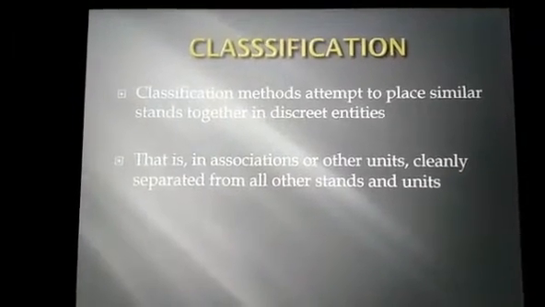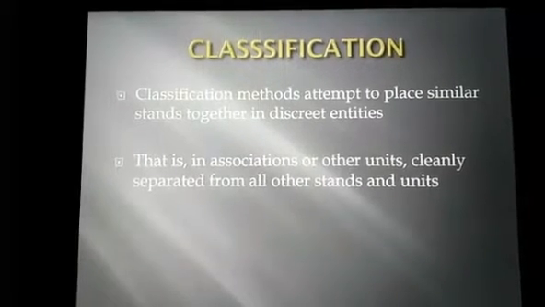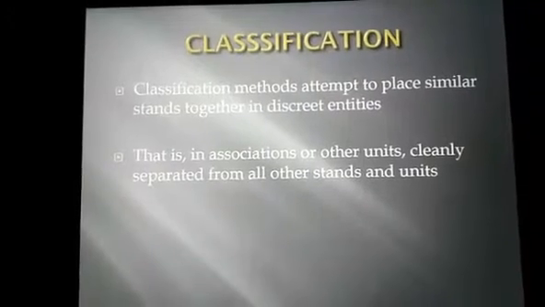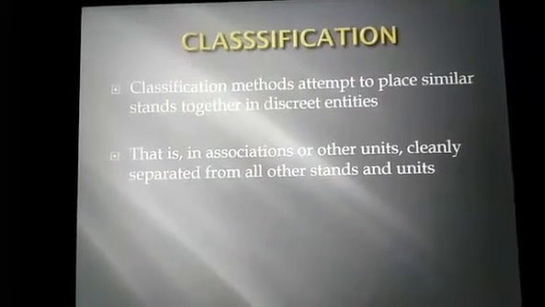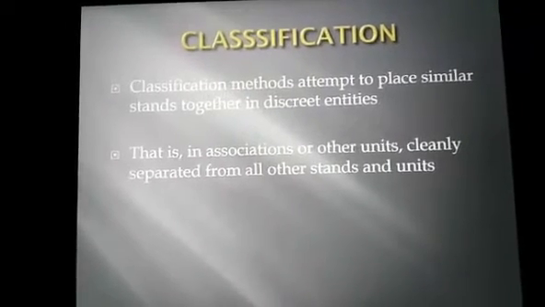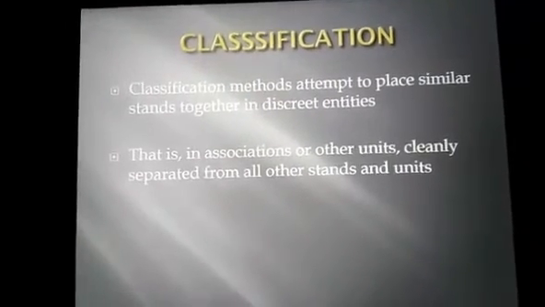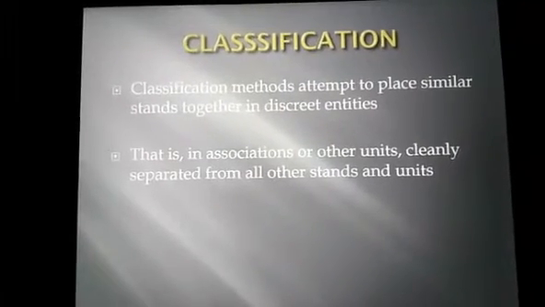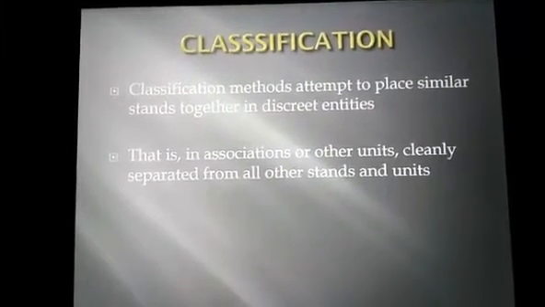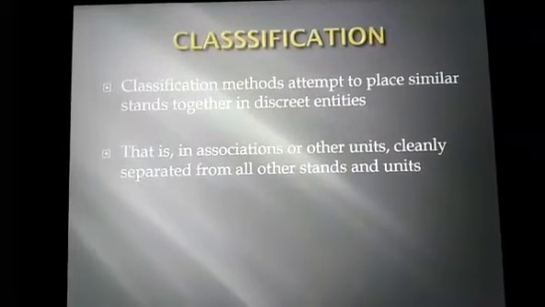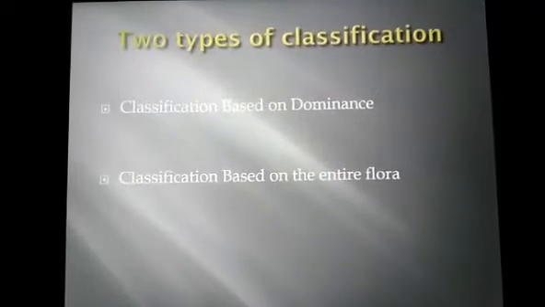So classification, in simpler terms, we're just going to be looking at the classification methods, which are said to attempt to place similar stands together in distinct entities. That is, in associations or other units which are cleanly separated from other stands and units.